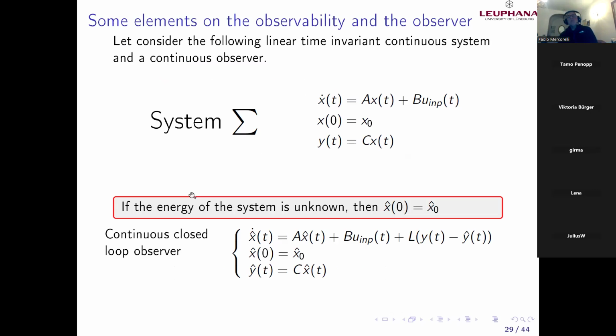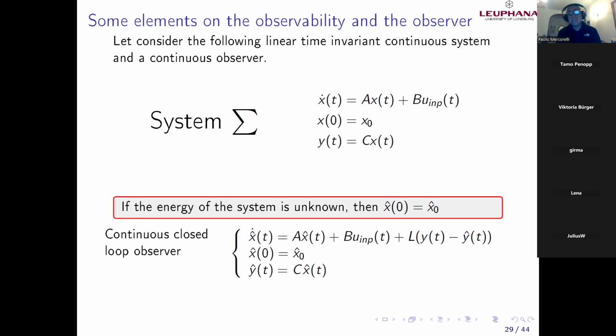Few minutes. Look at this. We have a real system, sigma, which I assume to be known perfectly through the matrices A, B, and C, but its representation, which is in the lower part of the slide, is affected by an error in its initial energy.